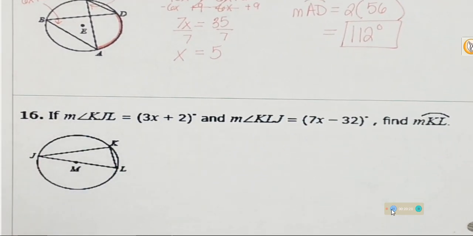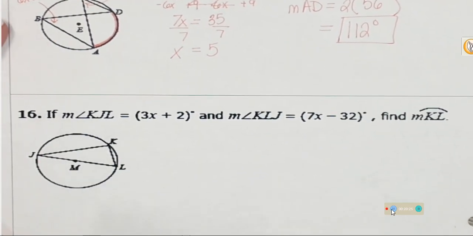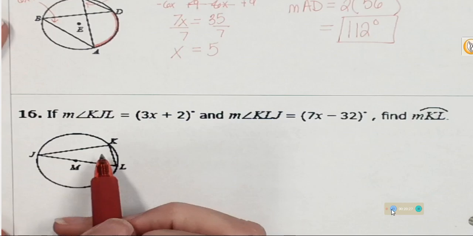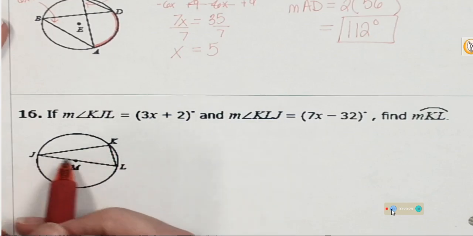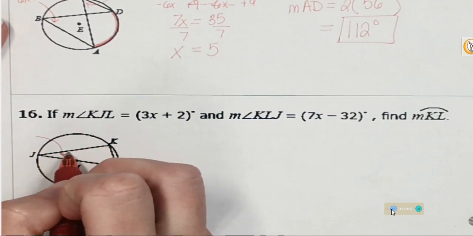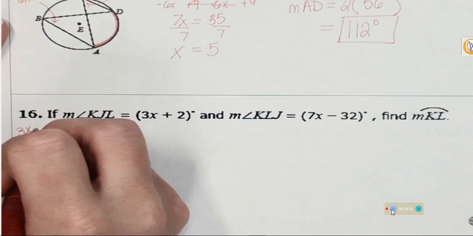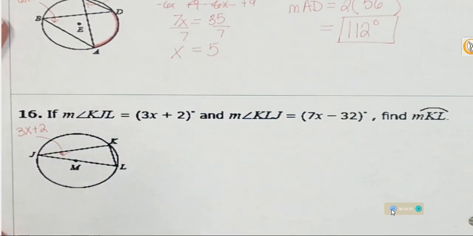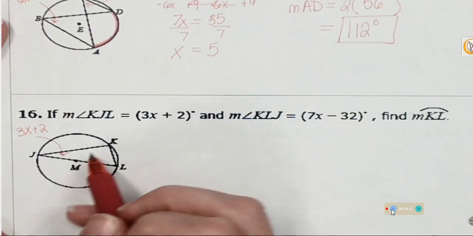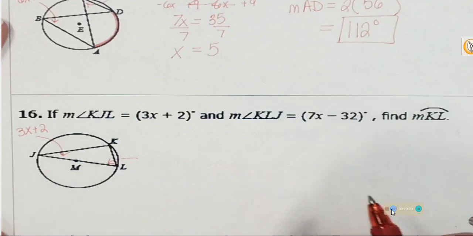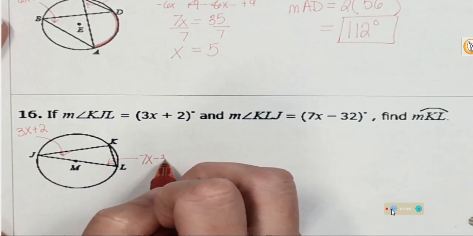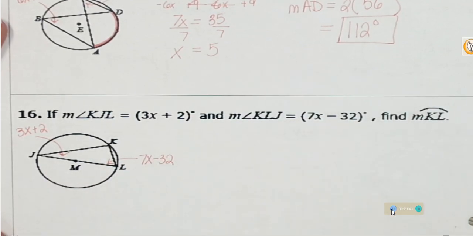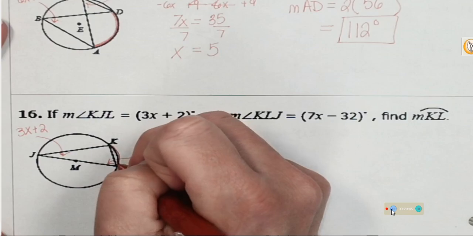Alright, last example on this page says, if measure of angle KJL, so this angle right here, is 3x plus 2, and the measure of angle KLJ, this angle right here, is 7x minus 32, find the measure of arc KL.